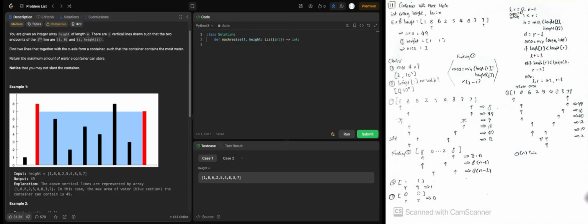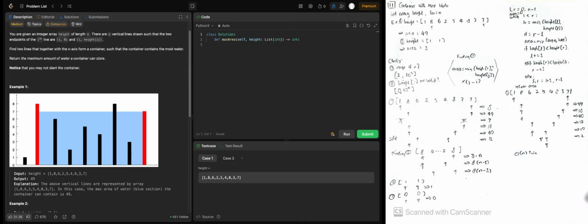So just use our finding here in the formula: min of height I, comma height j. I think it's better to refactor them into different lines.